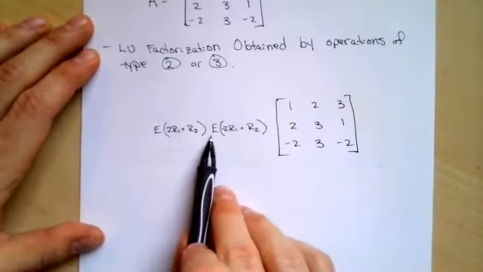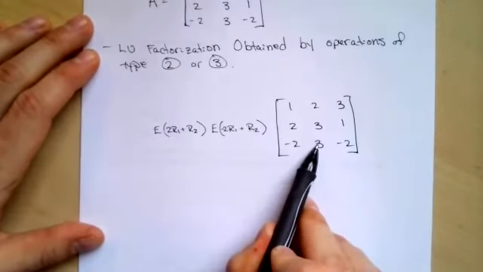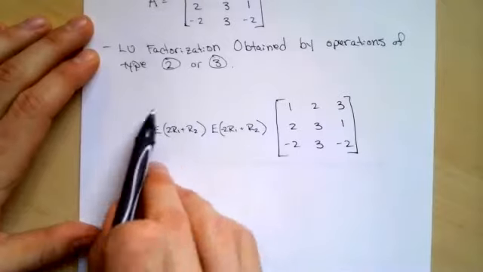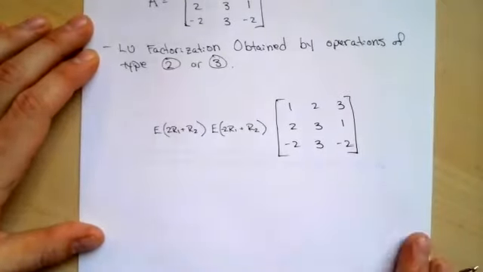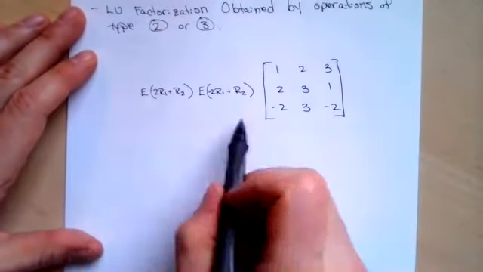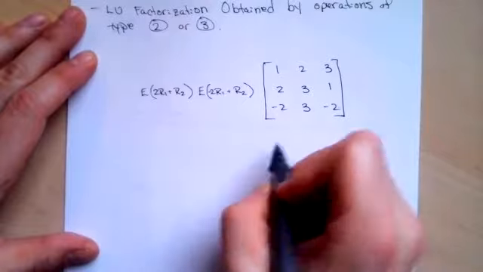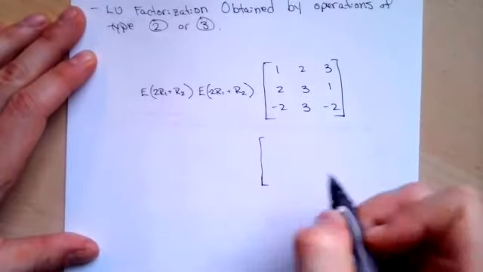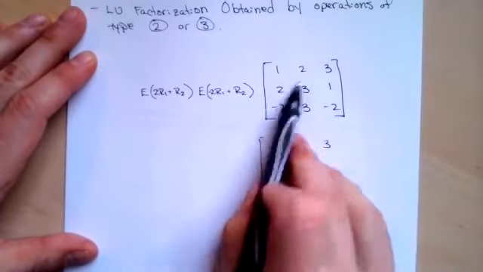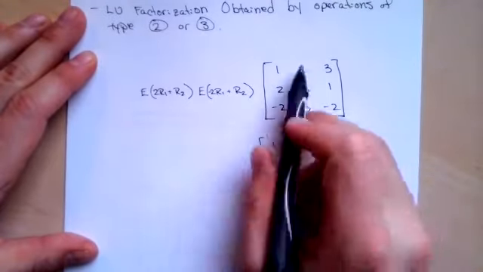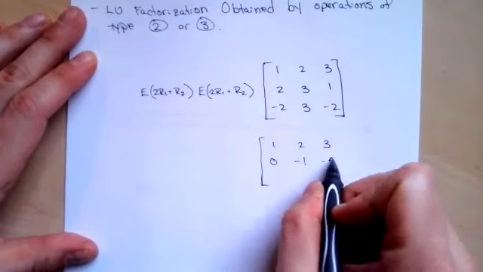What we're going to want to do is keep track. We're going to perform this operation on our matrix, and then we're simply going to keep track of these on the left as our product. So when we perform this operation, we'll have 1, 2, 3. -2 times row 1 is going to give us a 0, -1, and -5.